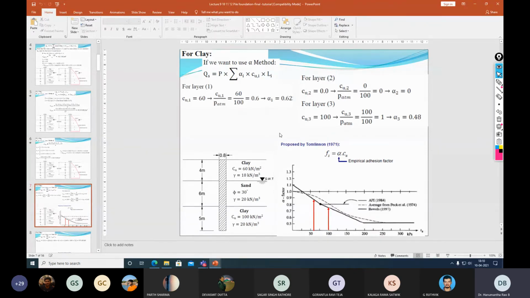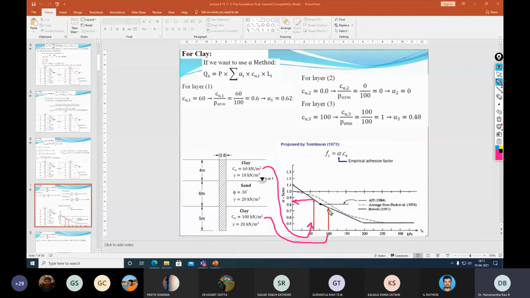Or alternatively, what I discussed in the class was the chart. Now here, in our case the first layer Cu is 60 kilonewton per square meter. So corresponding to 60, you can pick up the value of alpha, which is approximately 0.7. Similarly, for the second clay layer, Cu is 100.